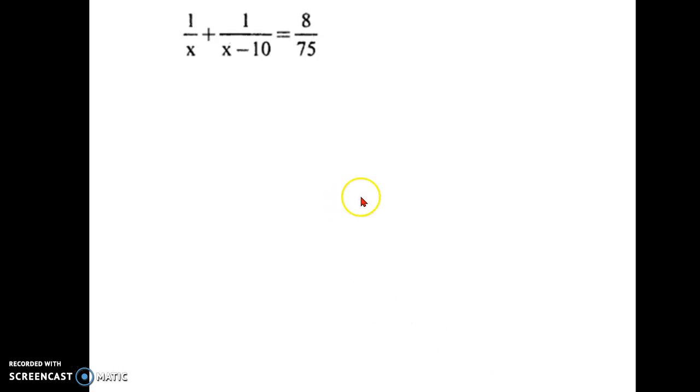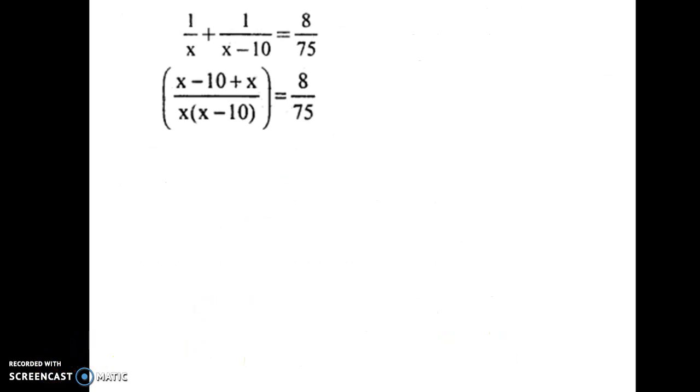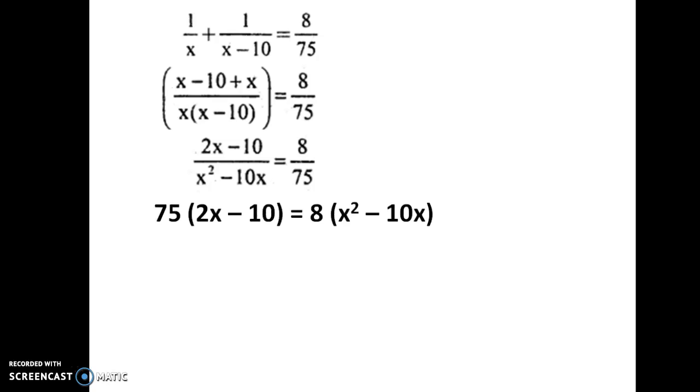Then, it is already given that the sum of these two parts, okay, the sum of these two is equal to this. So after this we have to take the LCM, and we got like this. Then simplify. So we have to simplify and cross multiply.